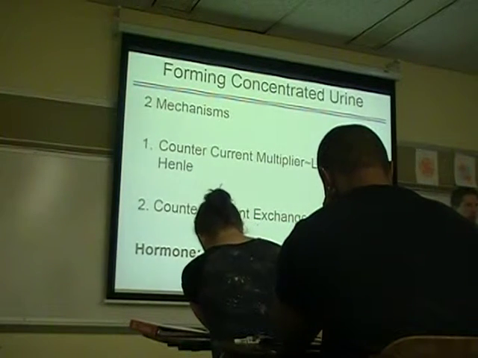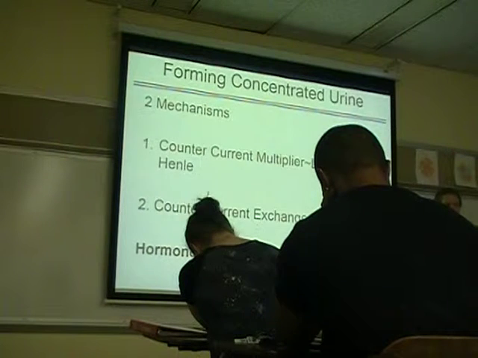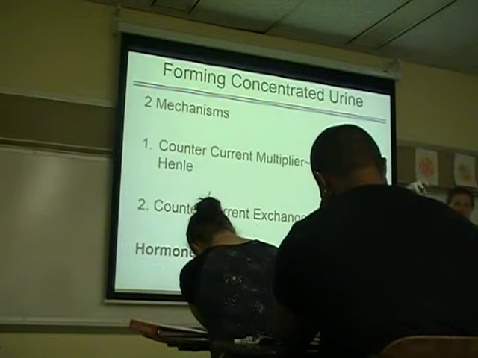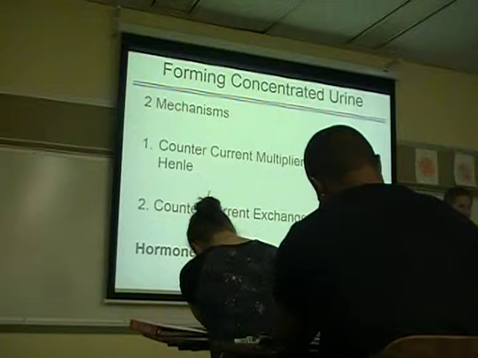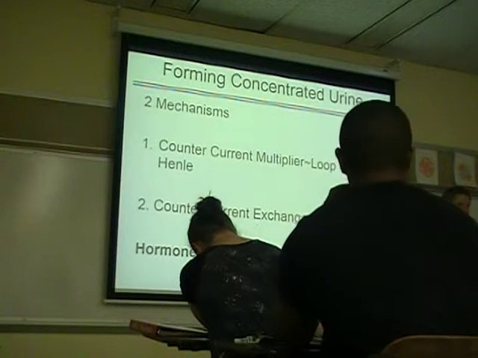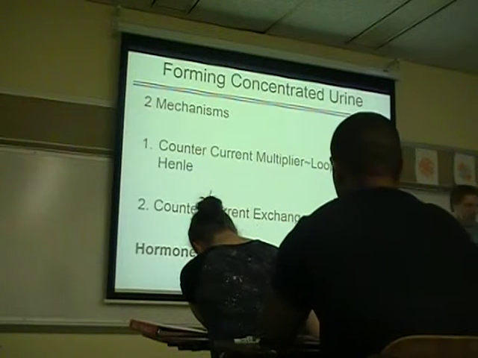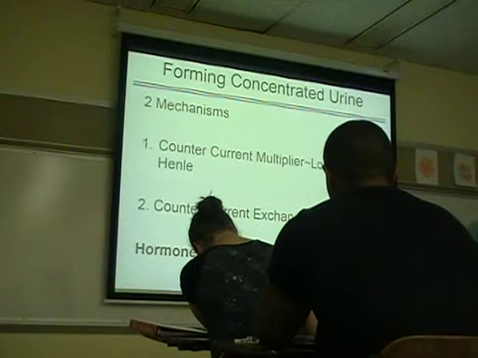What are they multiplying? The gradient, yes. As you descend down in the medulla, we might say, let's say, 300 to 600 to 900 to 1200, it's being multiplied as you descend deeper into the medulla. That's the multiplication process there. That's why they're called the multiplier, okay?